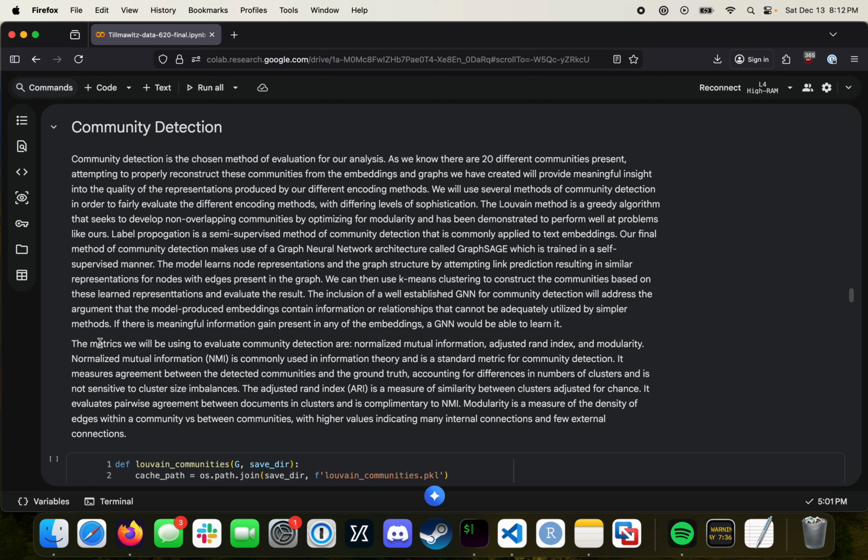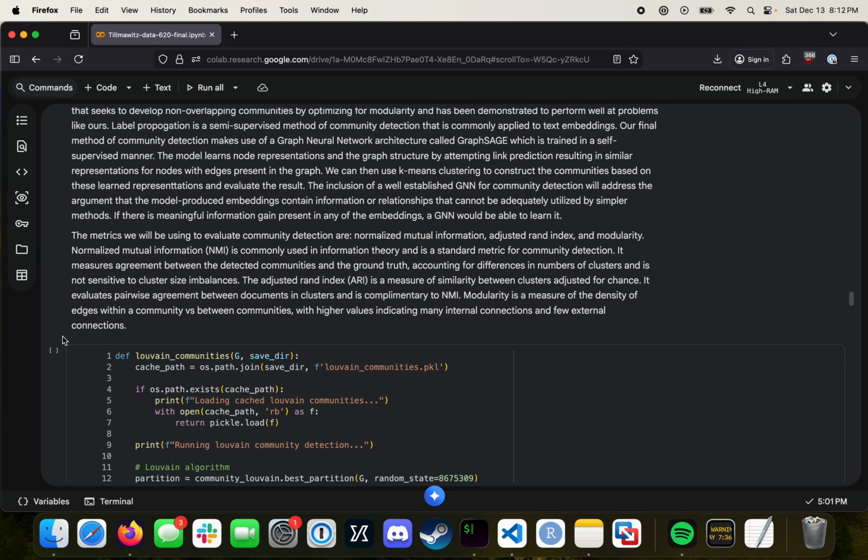A graph neural network will inherently learn any relationships that are present, and we'll use them to the fullest extent. As we will see, this actually ends up producing a very interesting result that we will dig into further on.